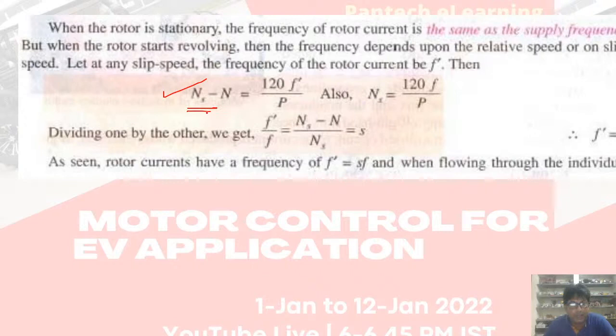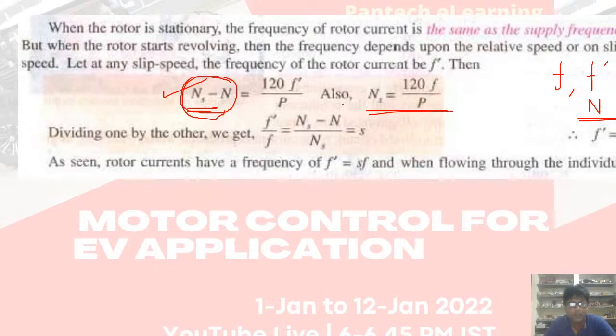Ns is the synchronous speed. Say for an instant, the power frequency is f, and the rotor frequency is f', and at that time the machine is rotating at RPM N. So the slip, the change of RPM from its synchronous speed, is Ns minus N, which is 120 f' by P, and we know my synchronous speed is 120 into stator frequency by number of poles.